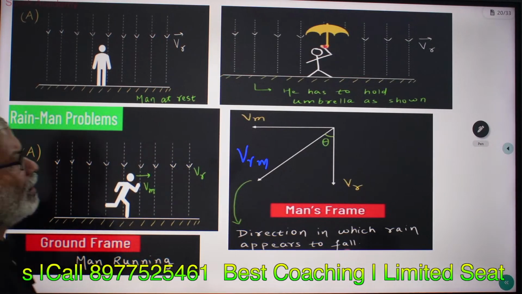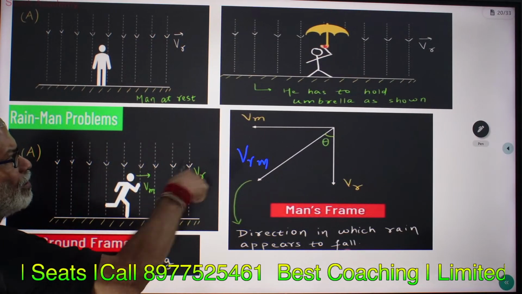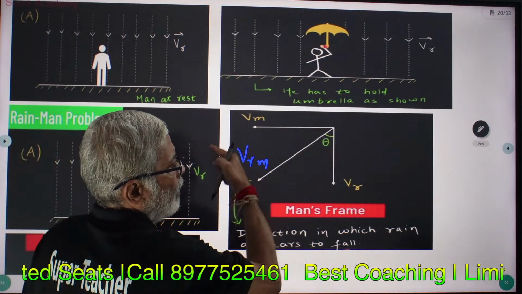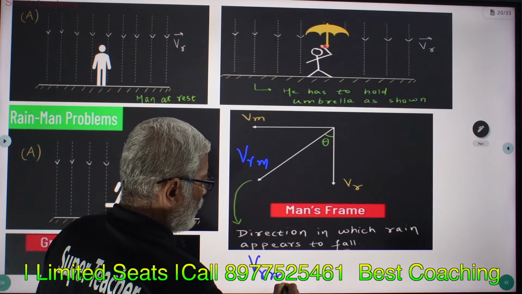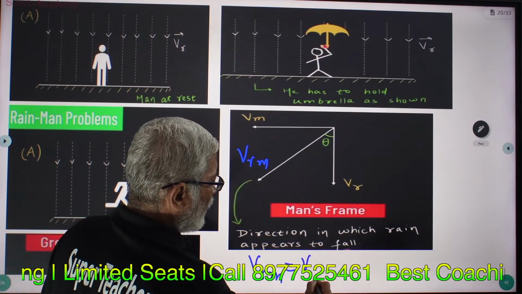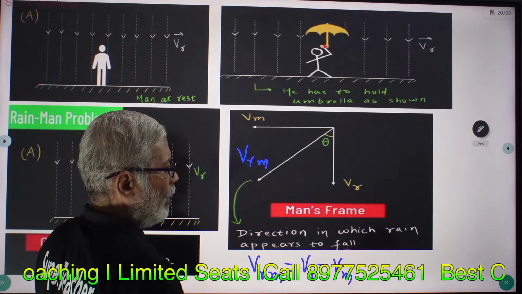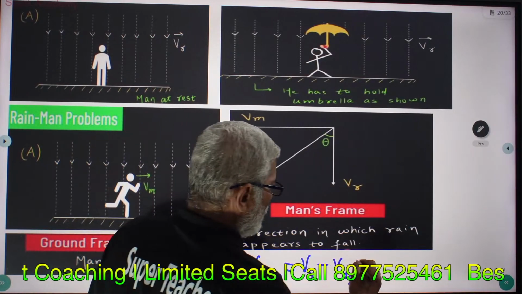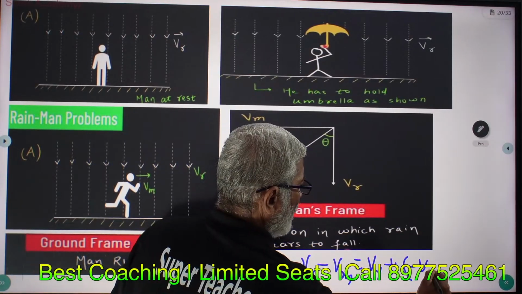So we have to resolve the vector Vm from east to west, like this you write, because the general formula is Vrm equal to velocity of rain minus velocity of man. It is nothing but velocity of rain plus minus Vm.